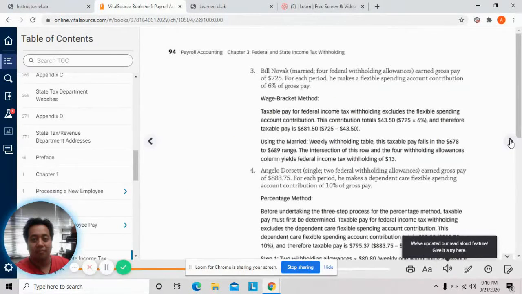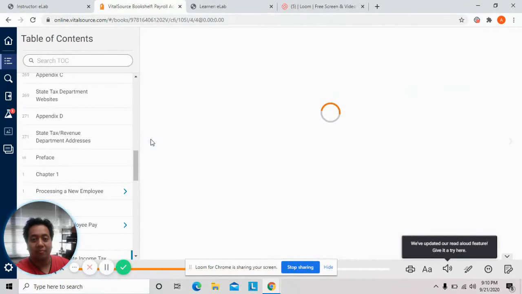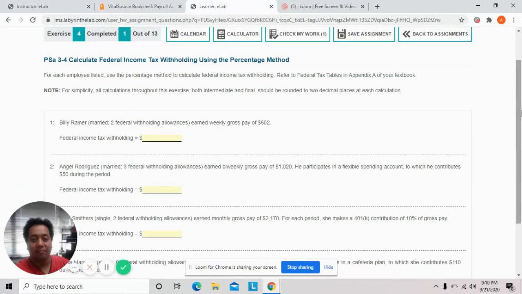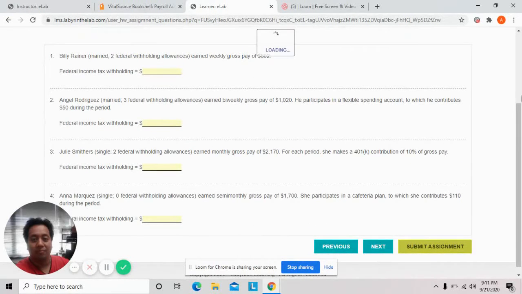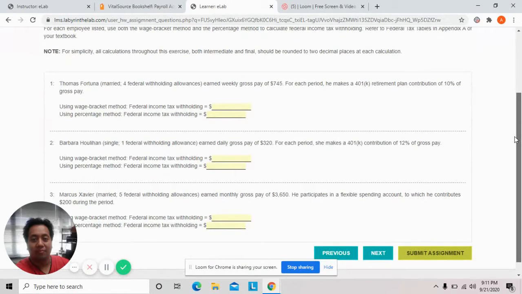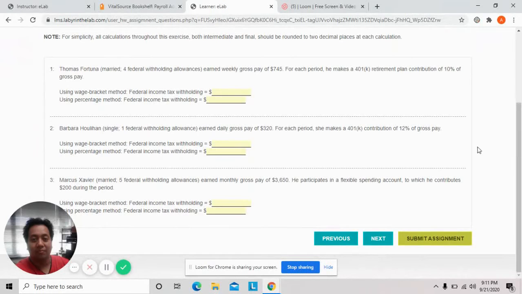As for the wage bracket method, as I mentioned, that's in Appendix A. You figure out the federal income tax withholding using the wage bracket tables. So if I look over other parts, let's see, in this case, calculating the federal income tax, you use both the wage bracket and percentage method.